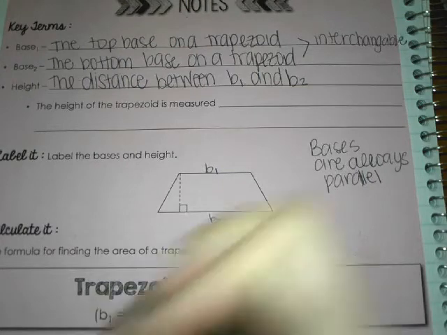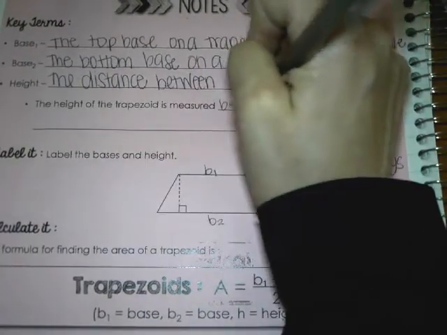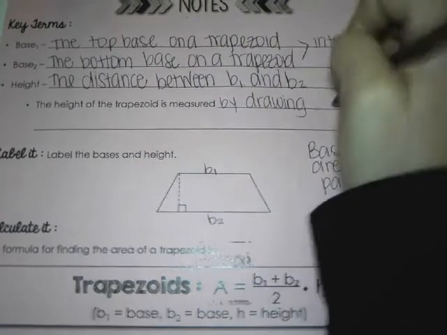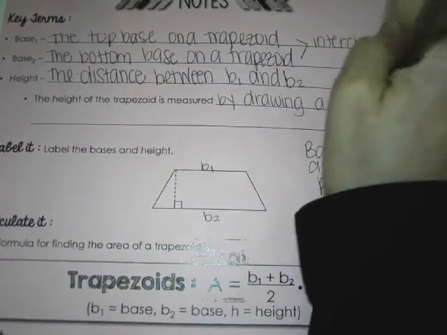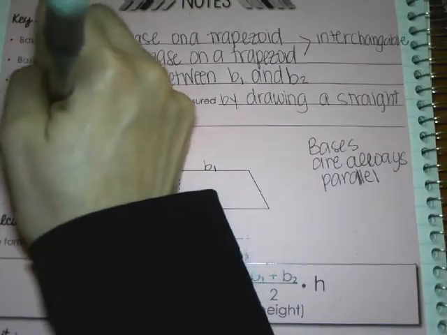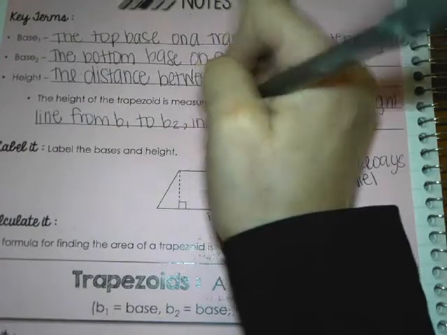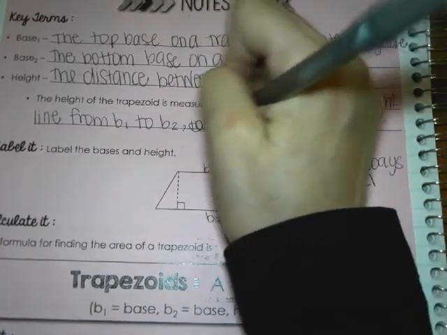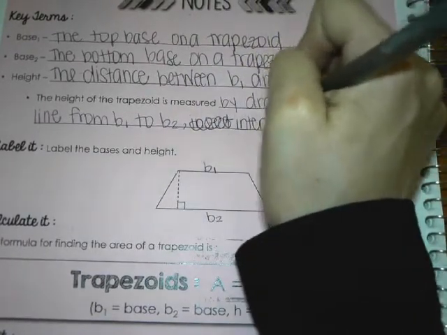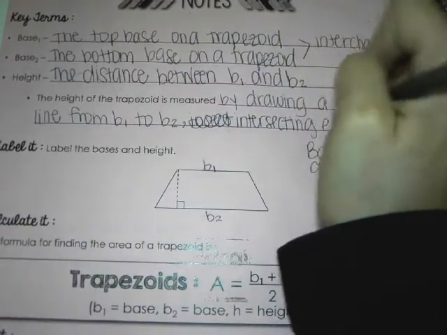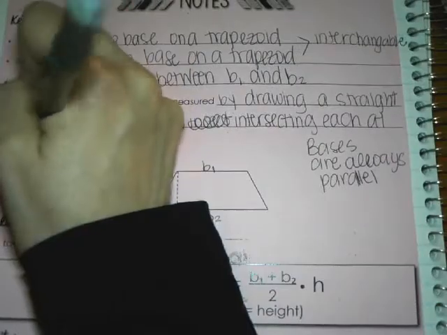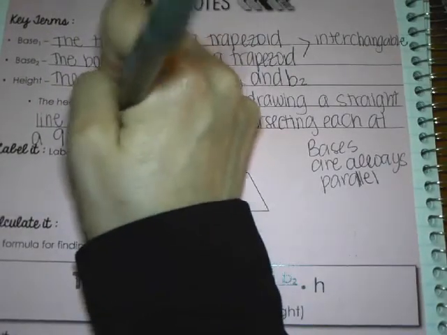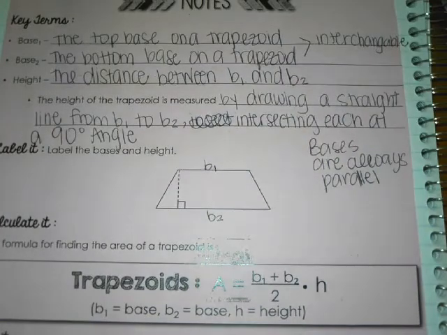The height of a trapezoid is measured by drawing a straight line from B1, from base 1, to B2, base 2, intersecting each at a 90-degree angle, which we've been talking about this entire time.